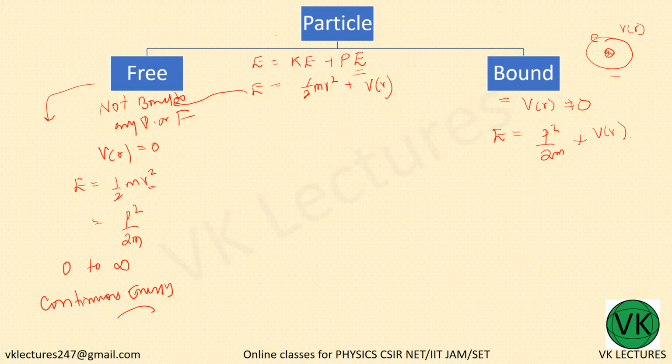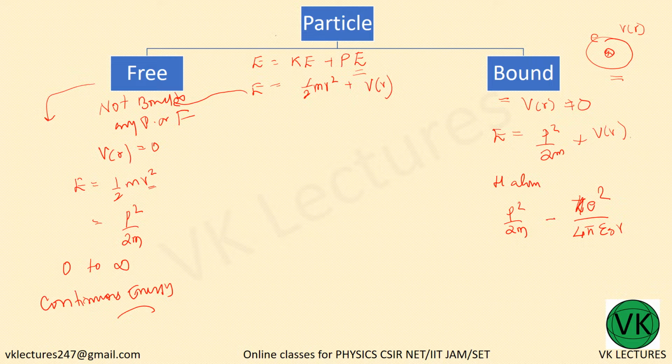Let us take this example. For the hydrogen atom, the total energy is p square divided by 2m minus Z e square divided by 4 pi epsilon naught r. Now this Z you can remove because we are talking about the hydrogen atom.